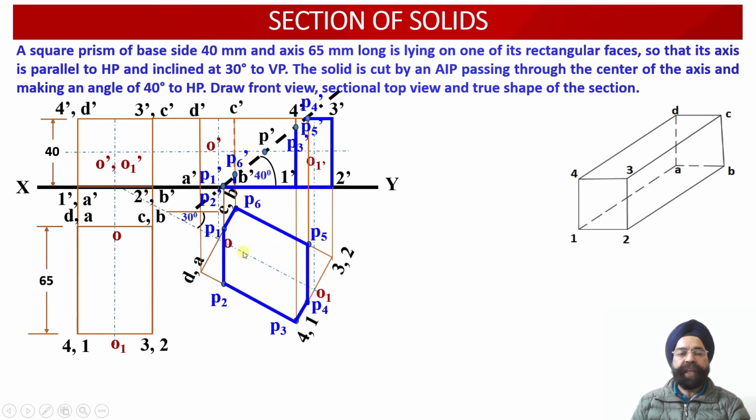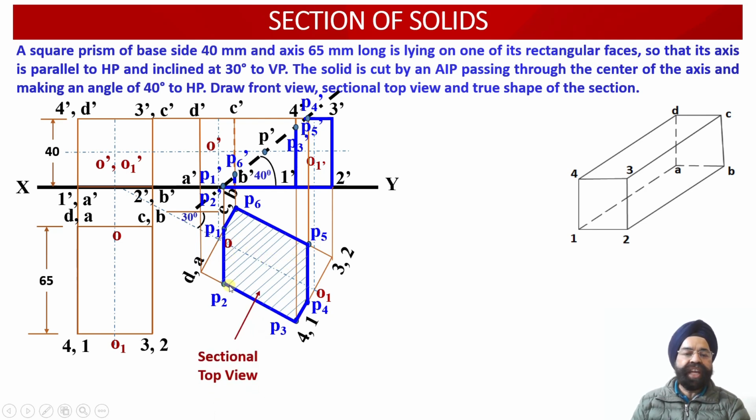Now, having obtained all the 6 points of intersection in the front view projections, and all these 6 points we have also obtained in the top view projections over here, we know that this portion of the solid has been cut and thrown away. This is the sectioned portion of the solid which is available with us.